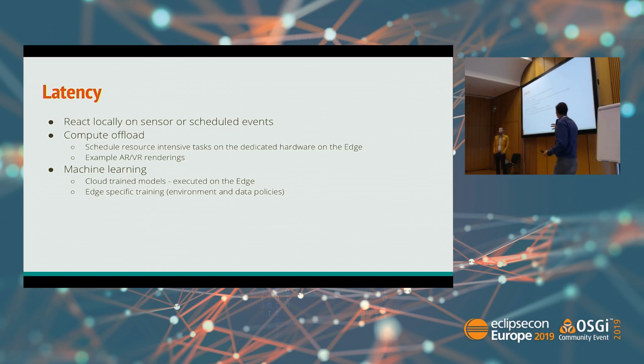There are a couple of very good examples here. The gaming industry is a good one, because milliseconds in some of the games are literally life and death. But there are a lot of things where you don't have the luxury of putting all the data to the cloud, processing all the data and putting results back to the source.